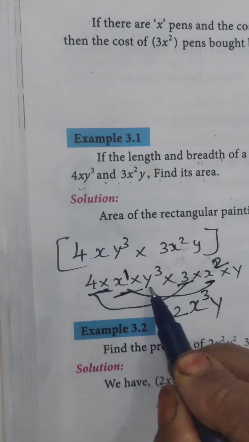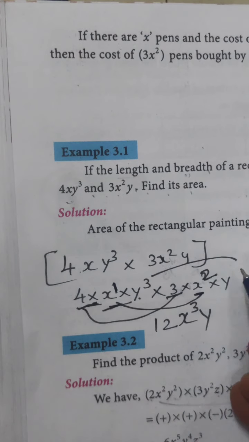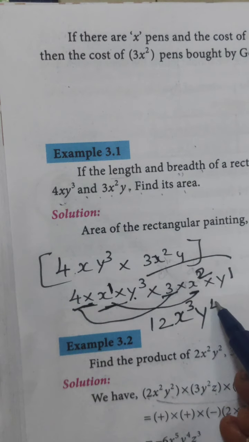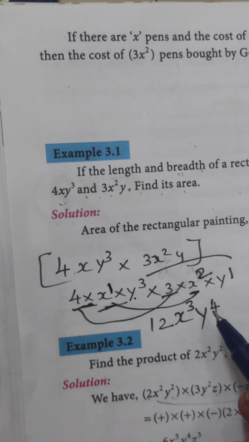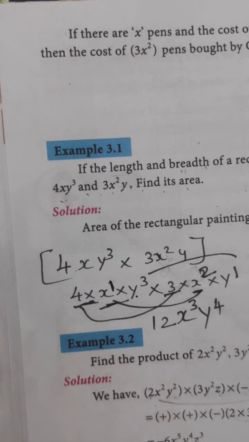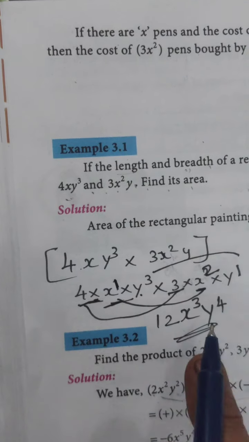Then y: the y has no power, so the power is 1, and the other is 3. 3 plus 1 is 4. Do you know how to multiply the power numbers or not? Same like terms: you join x, next you join y. If x has no power number, you write it as 1. So 1 plus 2 is 3. The y term is 3 plus 1 is 4. So now do you understand the sum or not? Easy or not?